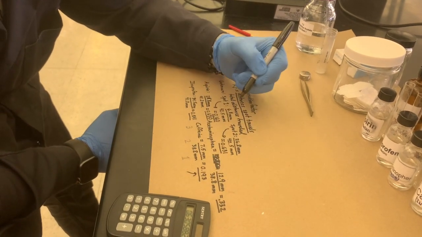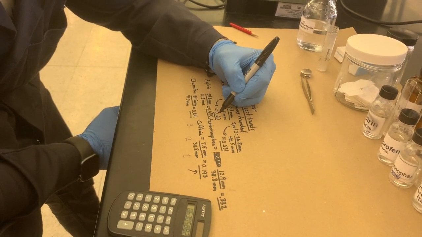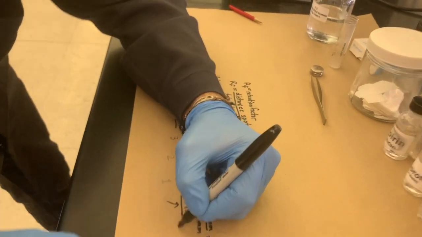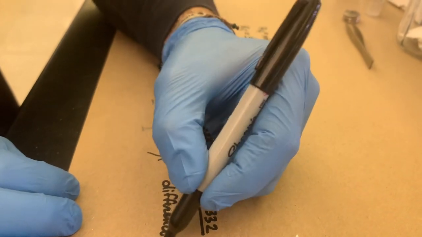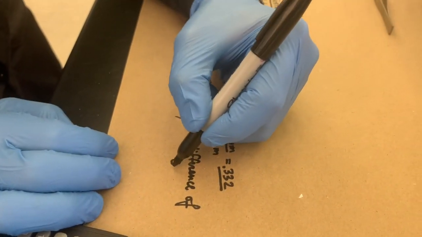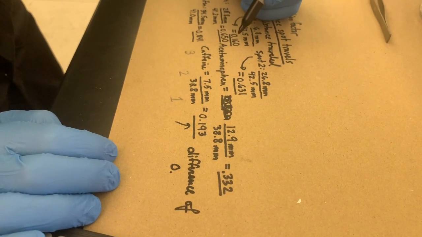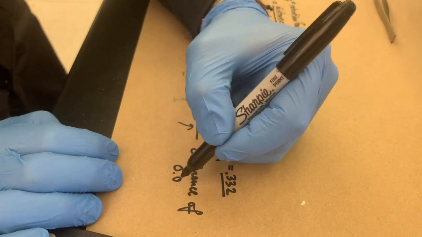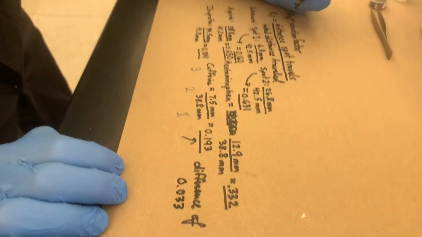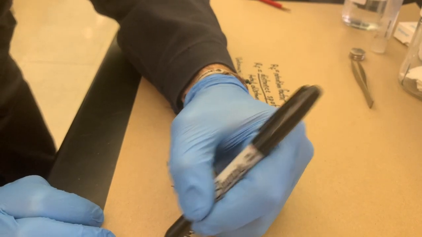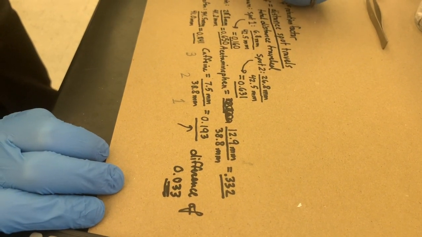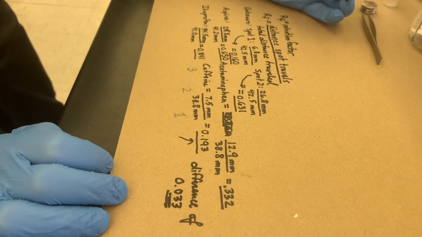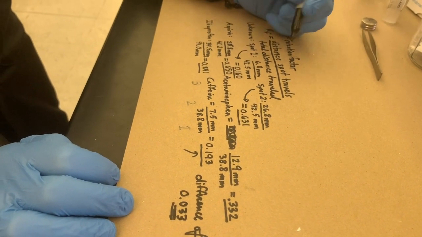Caffeine is 0.193, this is 0.160, so it's only a difference of 0.033, right? That's pretty close, and definitely going to be the best candidate for what possible compound is in that unknown. So that's going to be one of our unknowns.